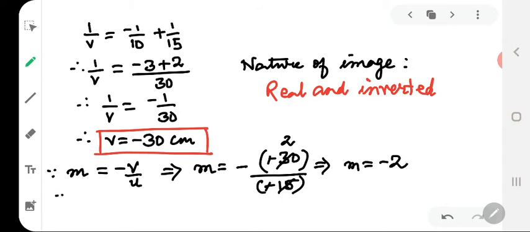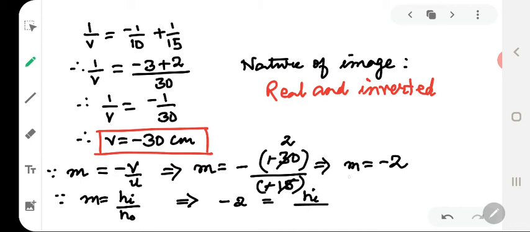Now since m is also equal to height of image by height of object, so we can write down minus 2, which is the value for magnification, to be equal to height of image by height of object.